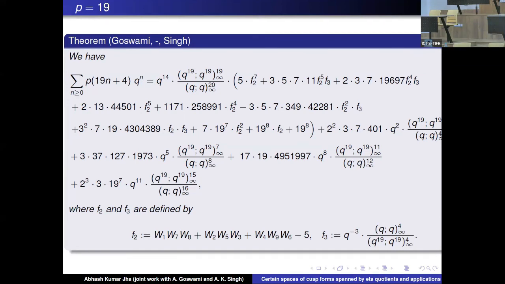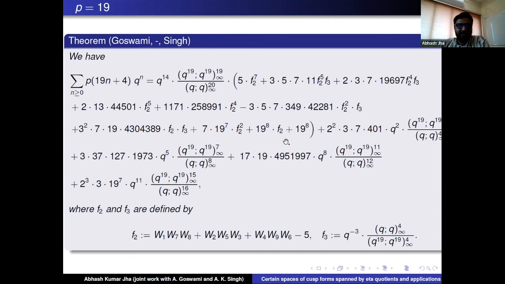Hello. Using these identities, can you show some type of congruence? I mean, not exactly like the Ramanujan congruences, not congruent to 0, but say, for example, p(19n plus 4) is congruent to some function of n mod 19. That's not obvious, but some congruence one can expect. I don't know.